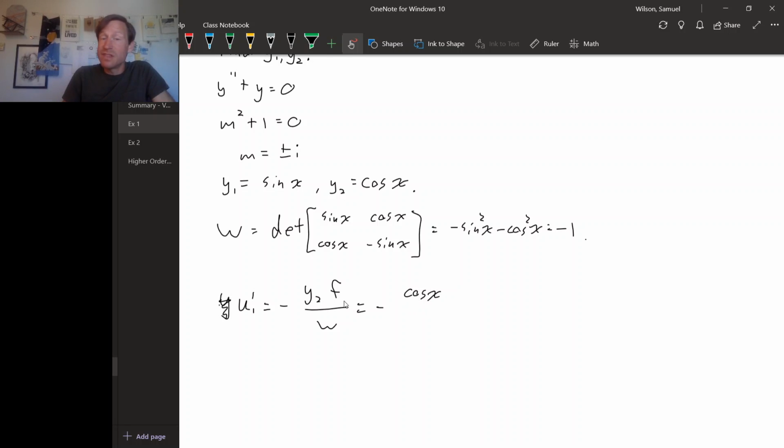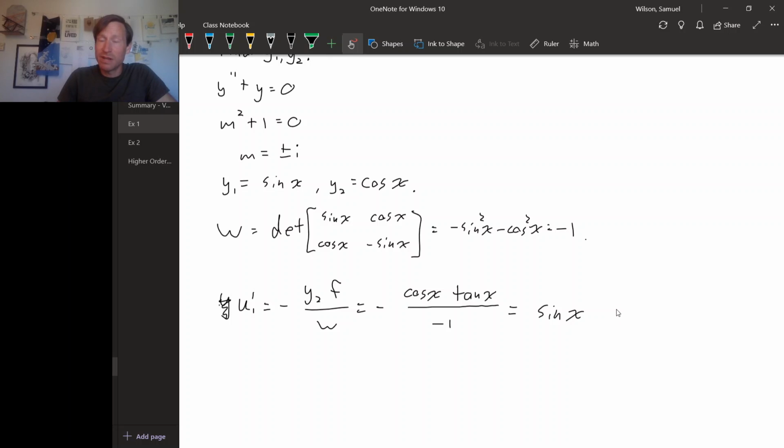F, remember, f is the inhomogeneous term, so that's the right-hand side of the original differential equation. And for us, that was tangent. And the Wronskian is minus 1. So cosine times tangent is sine. These minus signs cancel each other, so we just get sine for u1 prime.